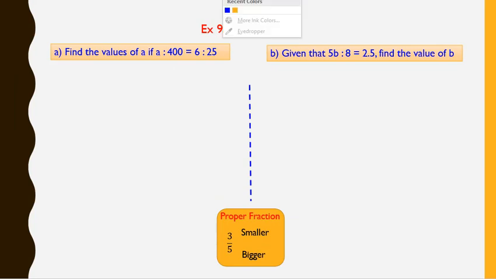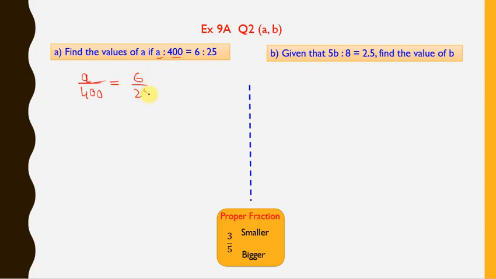Okay, now we will solve question number 2, and this is a part, this is b part, and we will write this a and 400 in fractions. So you will write as a over 400 equals 6 over 25.